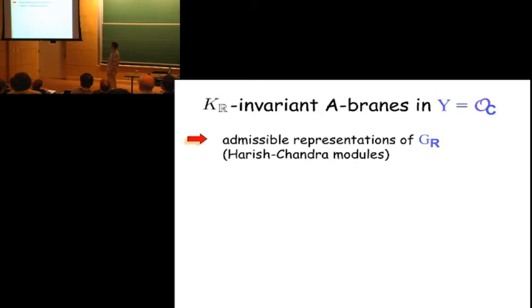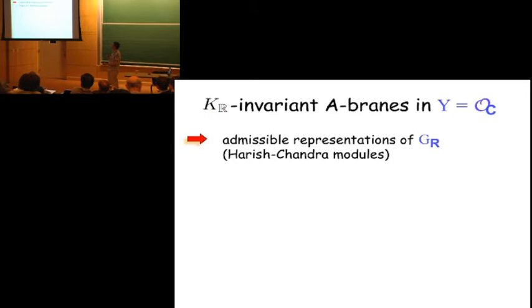So the problem that we illustrated in this simple example of SL2R is the following. We are asking for K_R invariant A-branes in the space which is a complex coadjoint orbit. So the space that I took for my SL2R example was in fact a coadjoint orbit, but not of a real group whose representations we wanted to classify, but rather of a complex group.